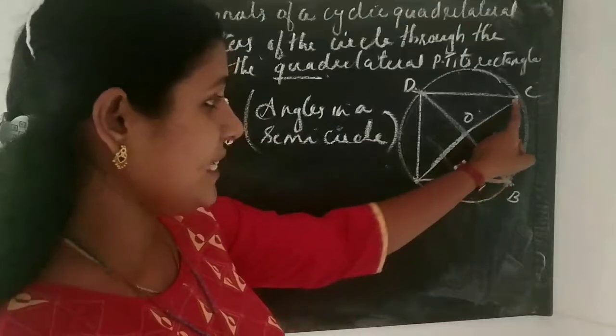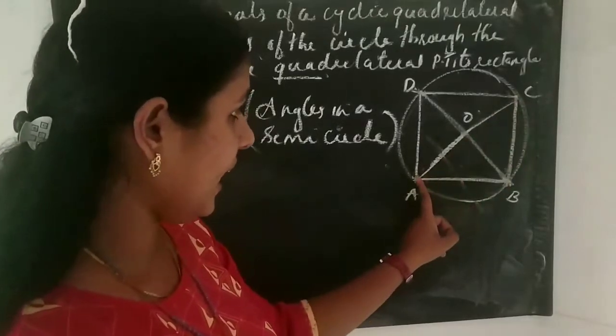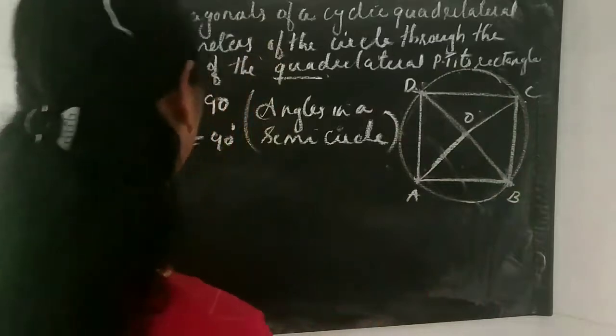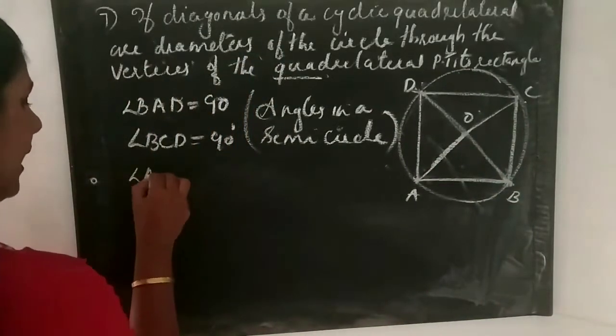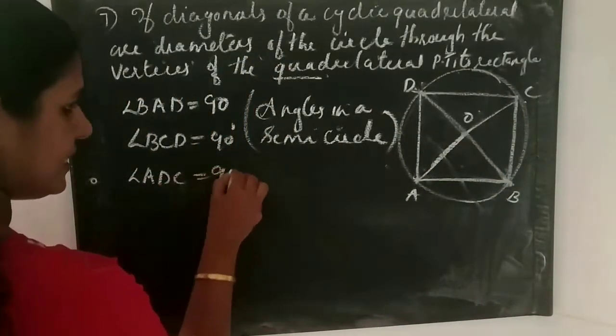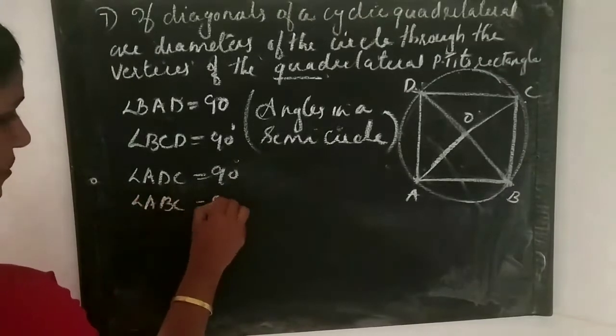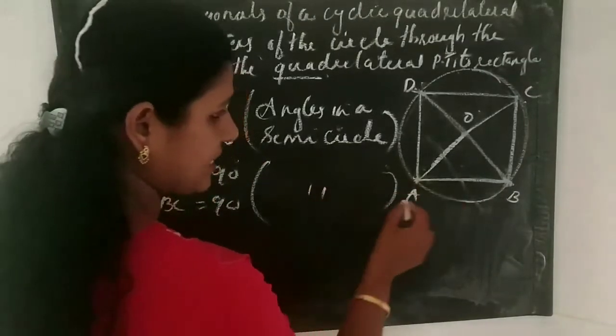Like that, AC is a diagonal. Then we can say that angle ADC equal 90 and angle ABC is also 90 degree because of angles in a semicircle.